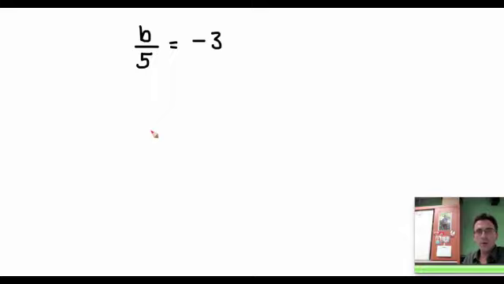The final problem is a division problem, right? So same idea as every other time. We are trying to get the variable by itself. So to do that, we are going to use the inverse operation of division, which in this case is multiplication. And instead of dividing by 5, we want those 5's to cancel out, so we will multiply by 5.